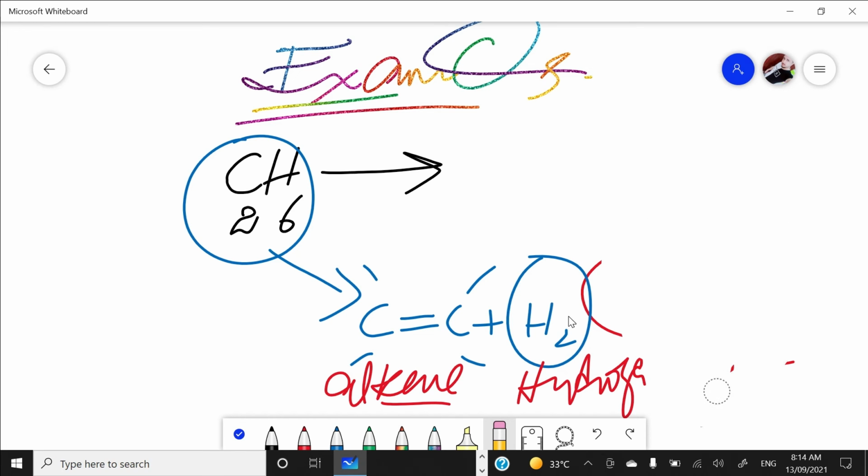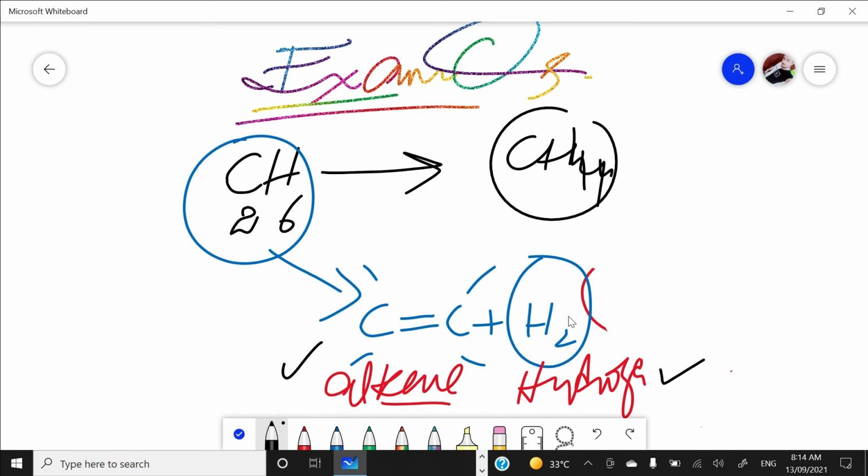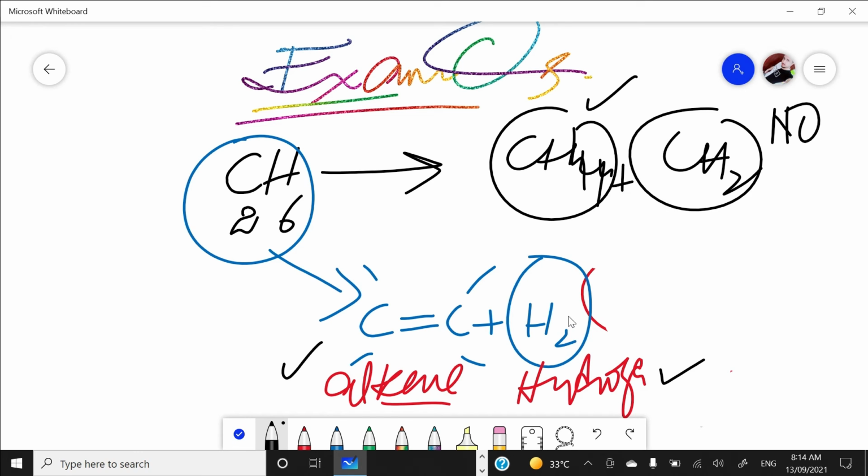So what I mean to say by this is that when you are making two products, both the products should exist. That is, this alkene is existing and hydrogen is also existing. But if I make CH4, okay, CH4 is existing, yes. But what about CH2? No. So that's why this part is wrong, and the correct part is this one.